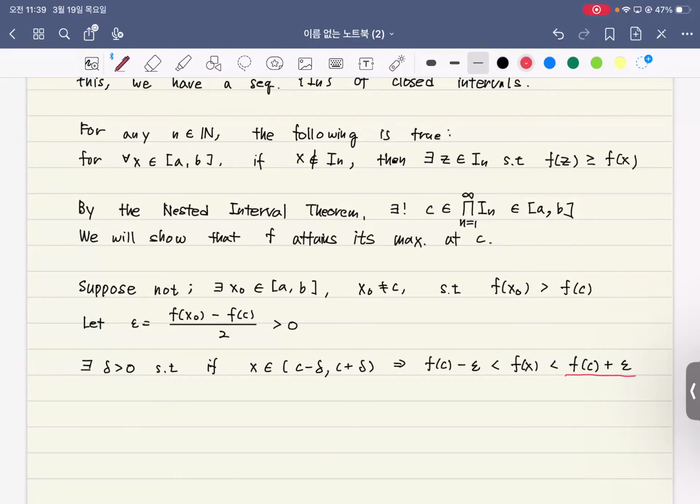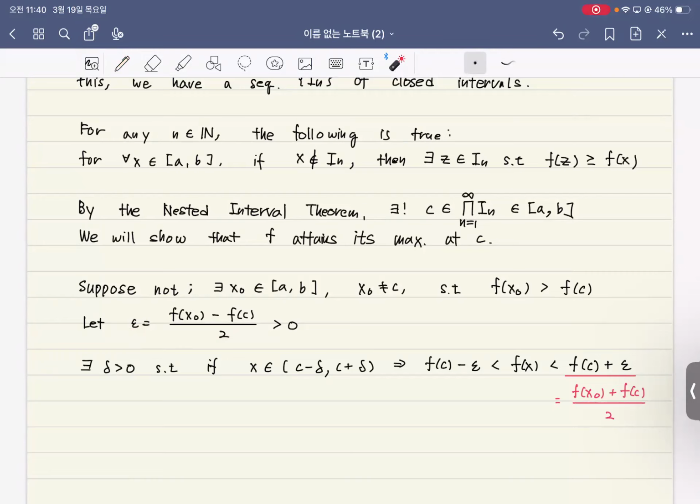And for this side, I replace this epsilon by this. So this is just, as before, f of x0 plus f of C over 2.